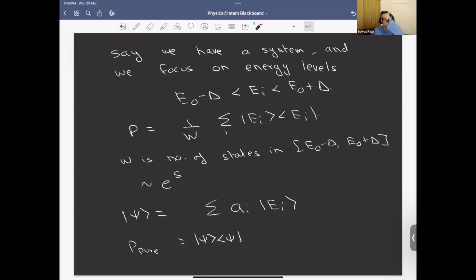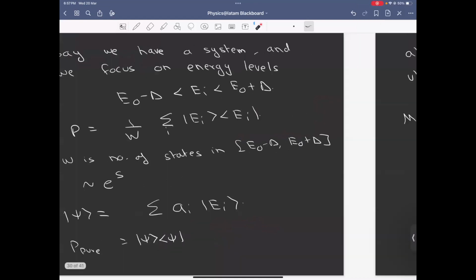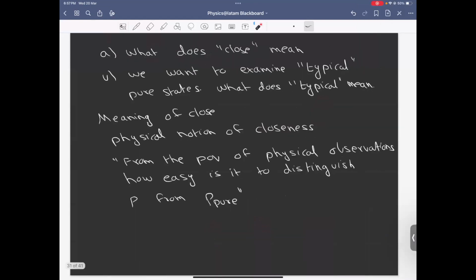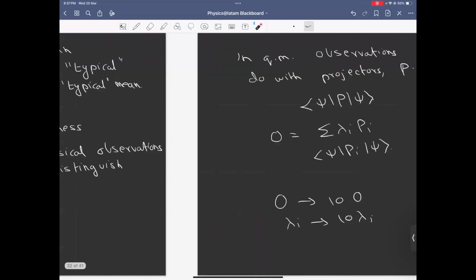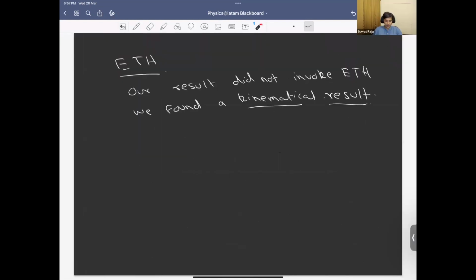This ensemble is defined by sharply cutting off states outside this energy band, and so is the set of pure states that we have. So this set of pure states looks the same as this ensemble up to exponential closeness. As I said, you could look at other sets of pure states, and they would look the same as other ensembles up to exponential closeness.